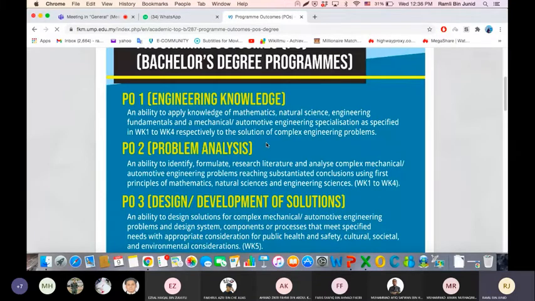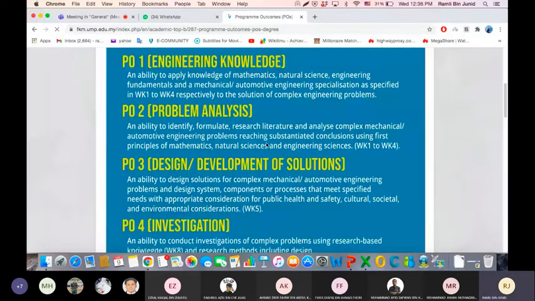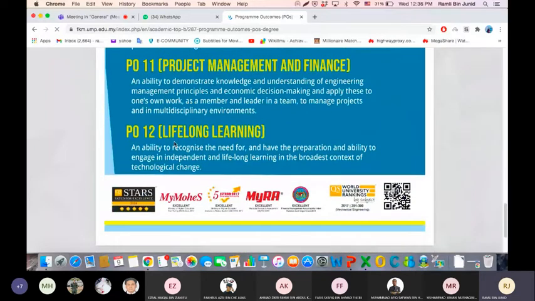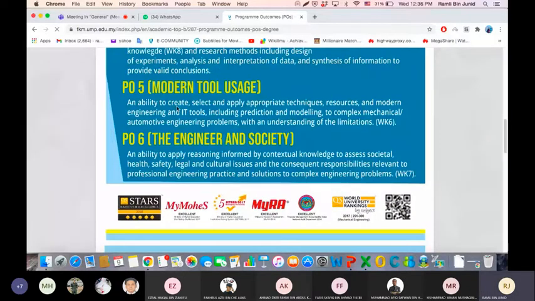So you collect all these things in UNP, which prepares you to be a mechanical engineer. And you read yourself, let's say PO12, the ability to recognize the need for and engage in independent lifelong learning, something like that. Okay, clear?